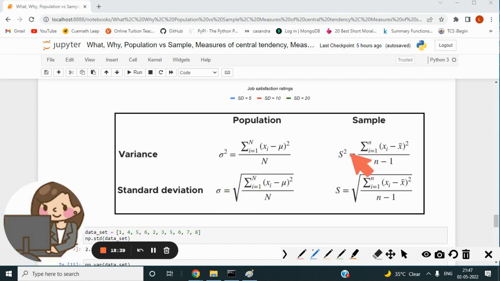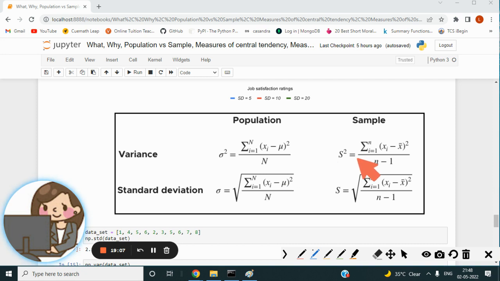Now when we do it for sample data, the difference is that we use the sample data average, x bar, which is the sample mean. Then n is the number of observations in the sample. But another difference is that we use n minus 1 instead of n.